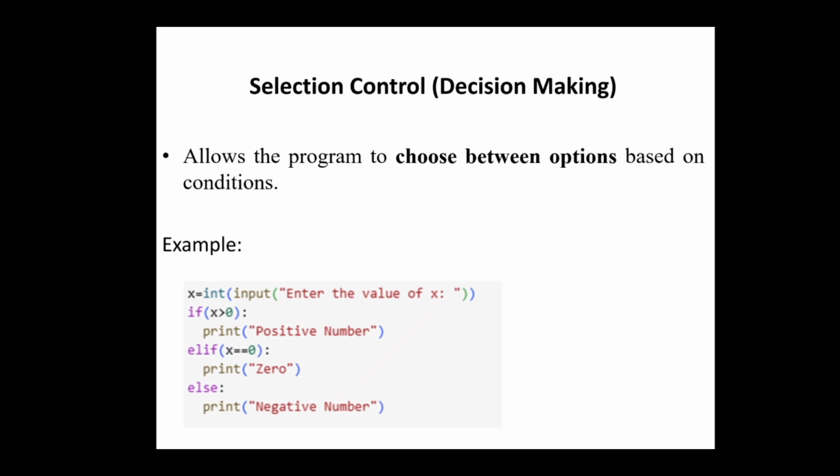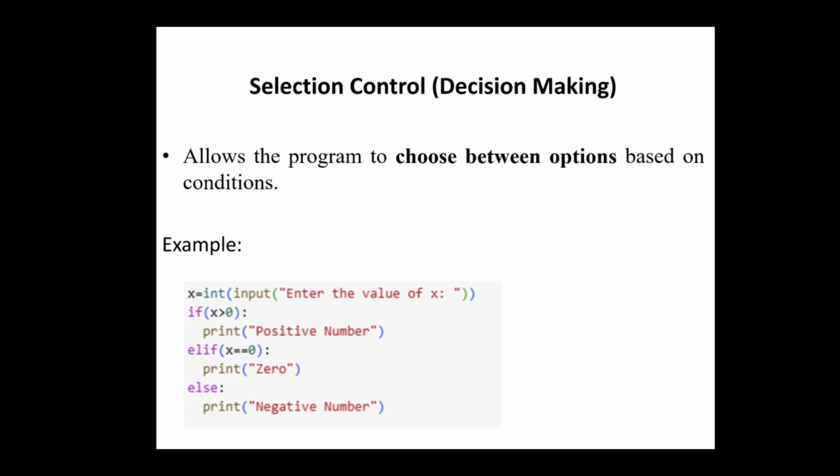Now, if we get x equal to 10 from the user, then in the output we get positive number. If the user gives minus 51, then in the output we get negative number. If the user gives x equal to 0, then in the output we get 0.